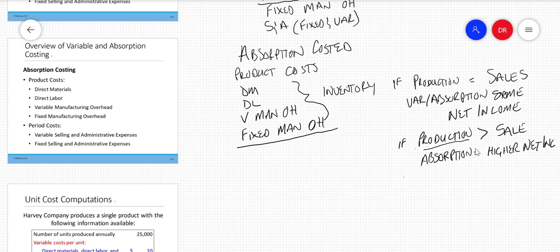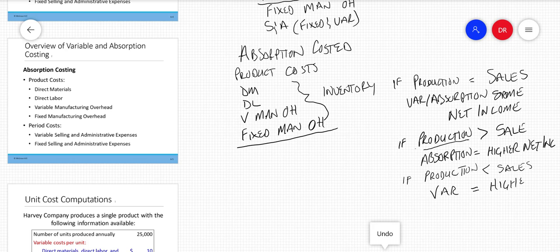Now, the other thing to think about is if production is less than sales. So if production is less than sales, variable costing will give you a higher net income.